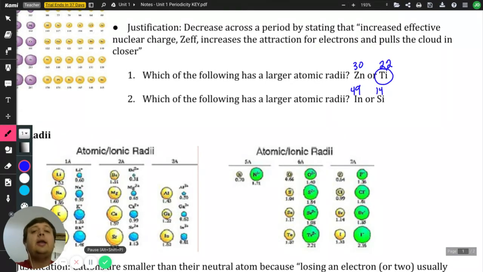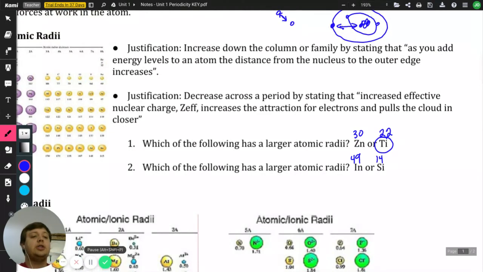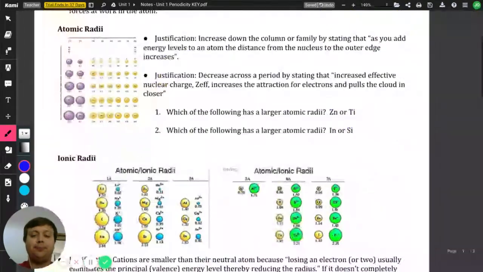Again, as I move down my periodic table and get more energy levels, let's look back at our justification: as you add energy levels to an atom, the distance from the nucleus to the outer edge increases. Since indium has more energy levels, the distance from the nucleus to the outermost electrons is going to be much further than silicon. So indium is going to have a larger atomic radius.